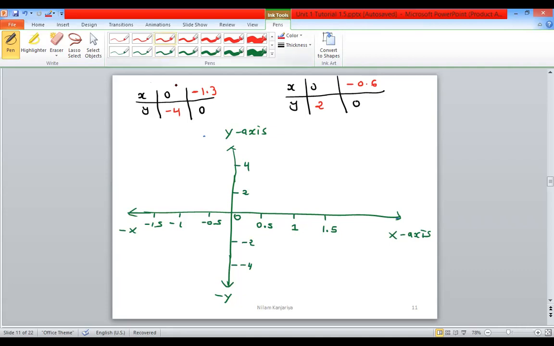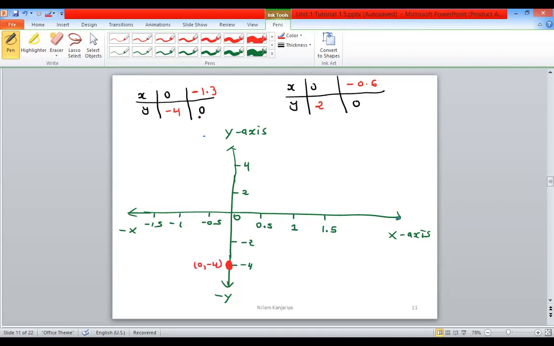Let's see, join it. My first table is x is 0, y is minus 4. This is my point. X is 0, y minus 4.